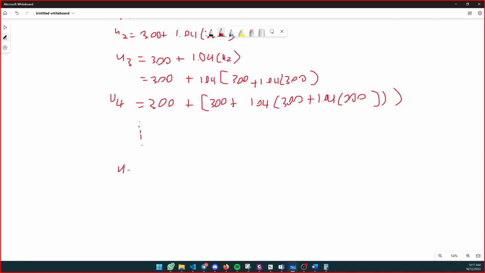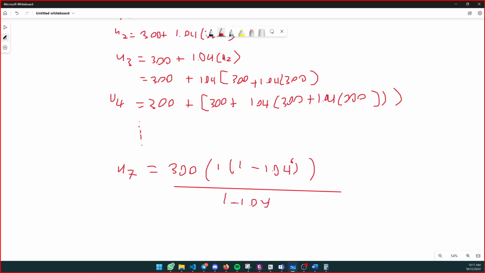So by the point that it equals to U7, you can say that A is 300, and then I say 1 minus 1.04 to the power of 6, and then 1 minus 1.04.